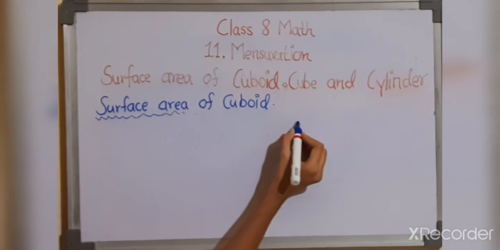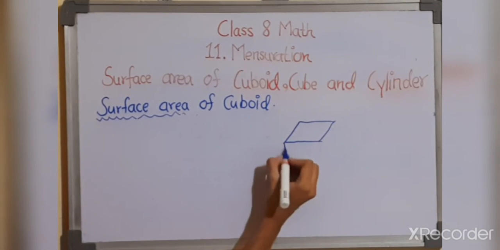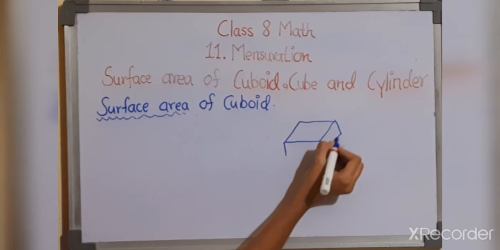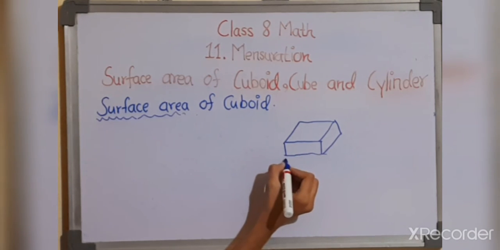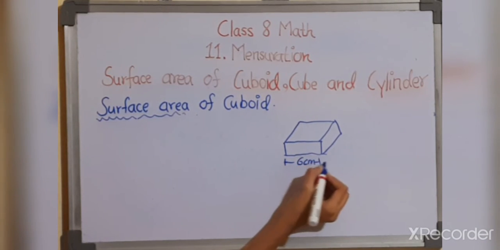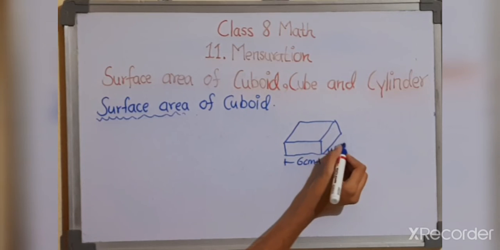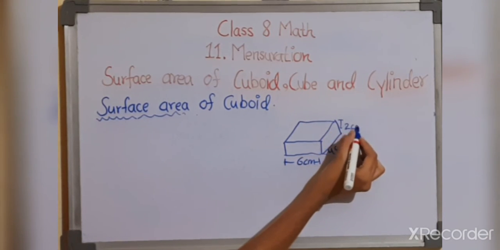So let's take this cuboid. Now we will be writing the measurements of it. 6 centimeter, 4 centimeter, and this is 2 centimeter.